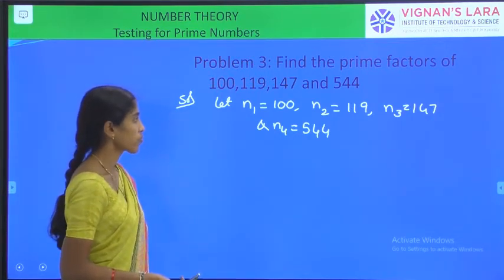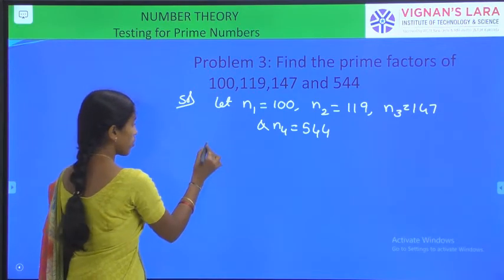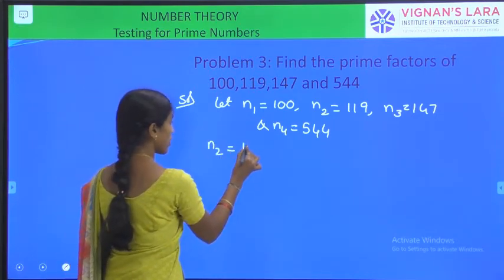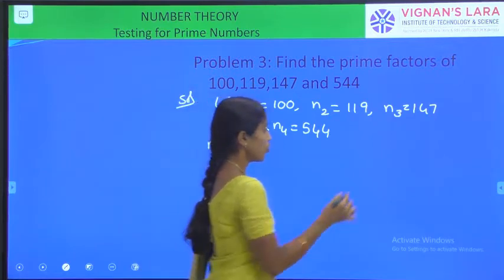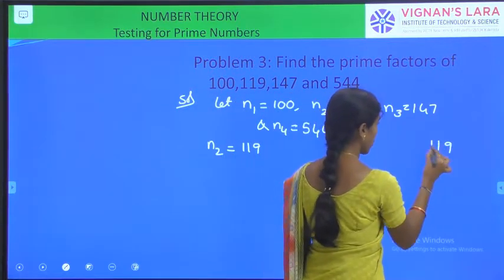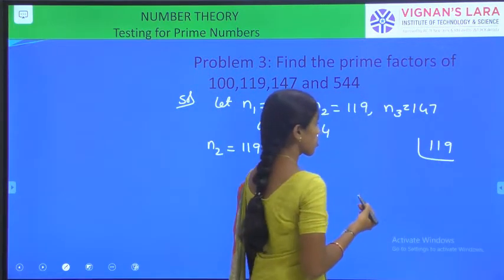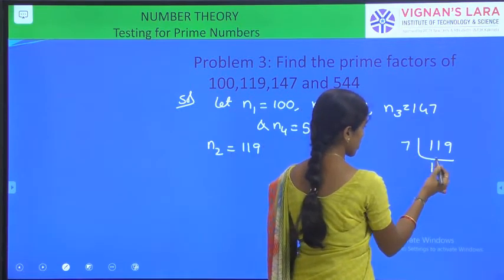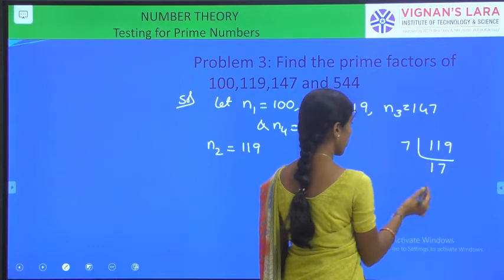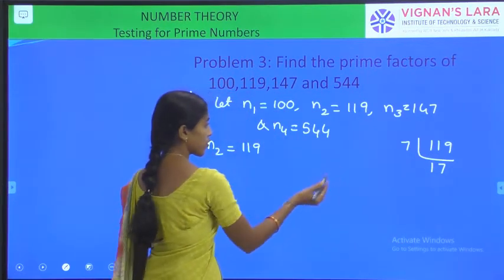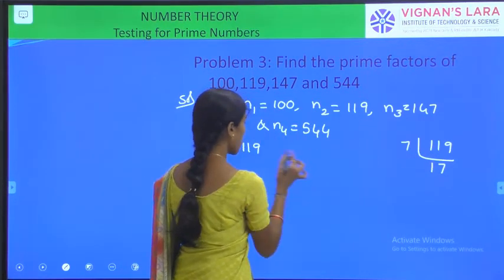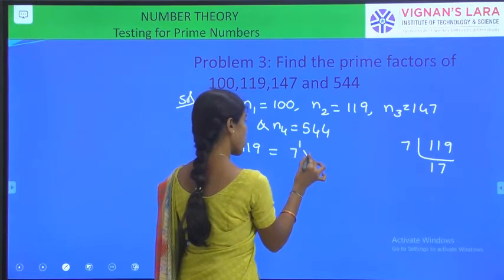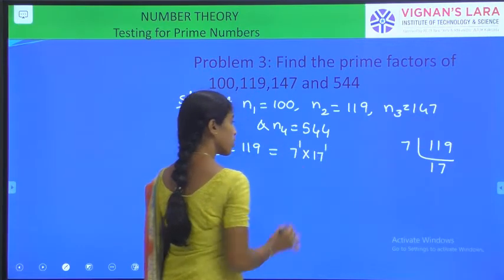If you see for N2, which is 119, suppose you have some doubt about this one. 3 is not possible because the ones place is 9. You see with 7, 7 times 17 is 119. Because 17 is a prime number, stop here. We can write it as 7 to the power 1 into 17 to the power 1.